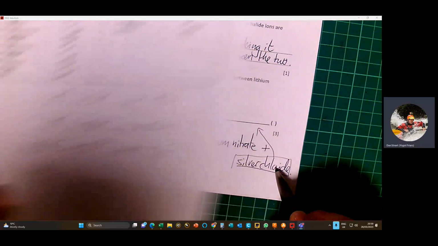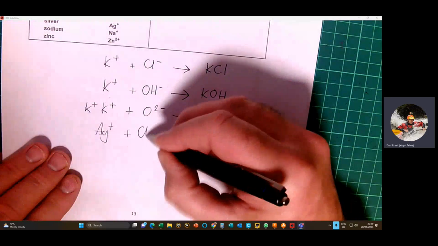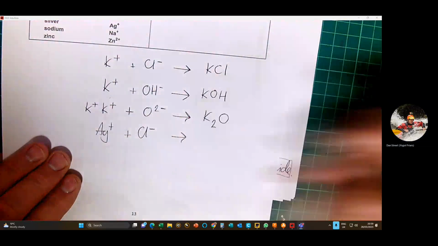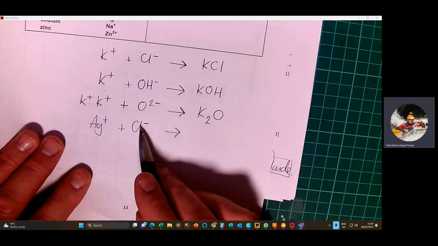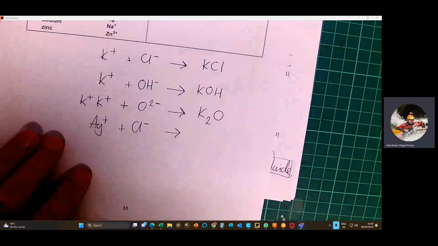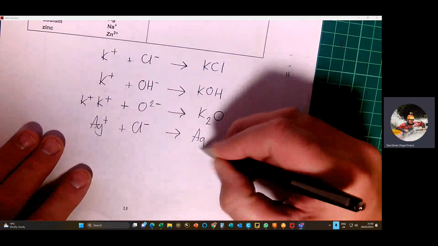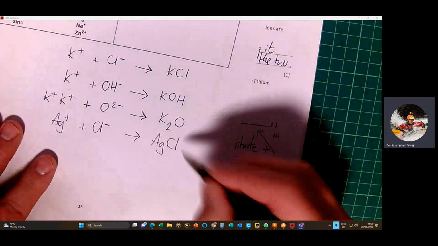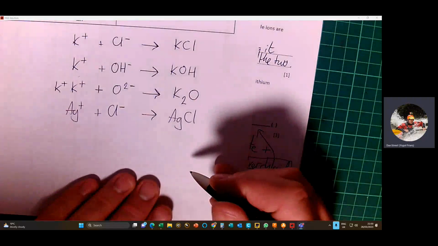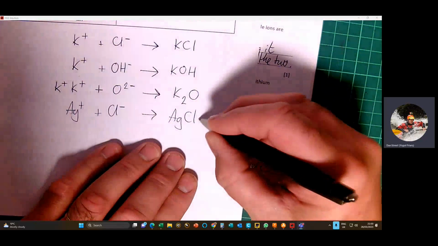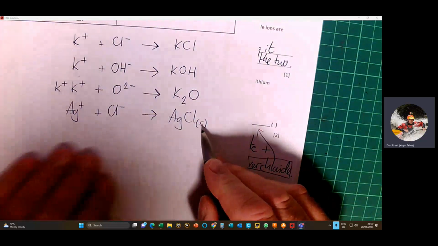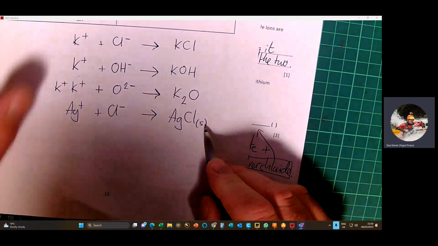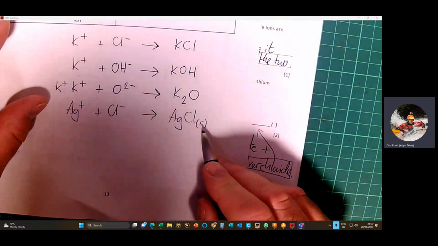Okay, and we've met the chloride ion previously, so that's Cl minus. So consequently, these two are oppositely charged, but the same size charge. So that's silver chloride. But what we must remember is that this is a precipitate. This is visible. This comes out of solution, and consequently, we have to write a little s there because that means it's a solid. We see it as a precipitate in the mixture, a white precipitate in this case.